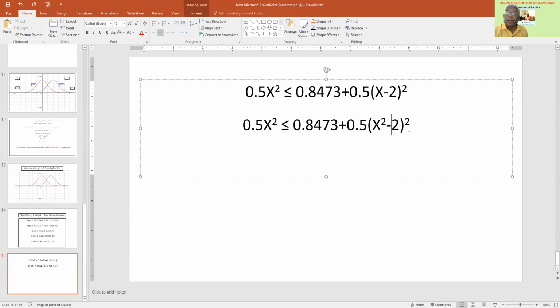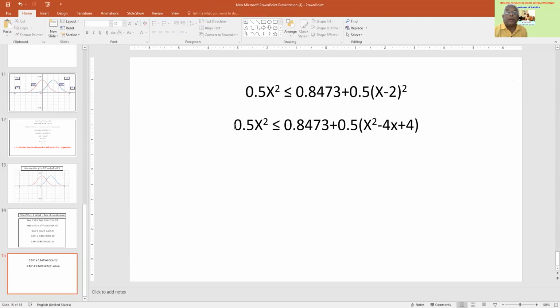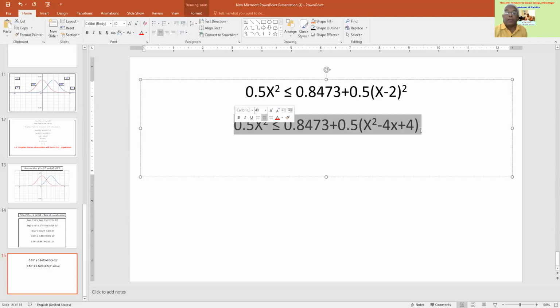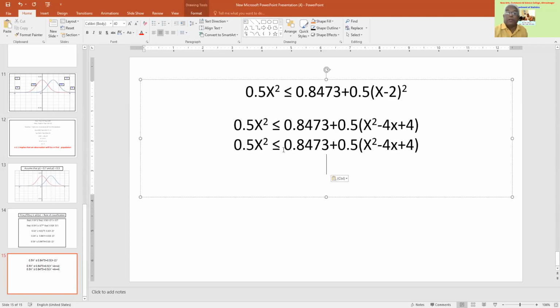X square minus 4x plus 4. This is what my square is. And again, what I will get is this 0.5 x square can be cancelled with this 0.5 x square.